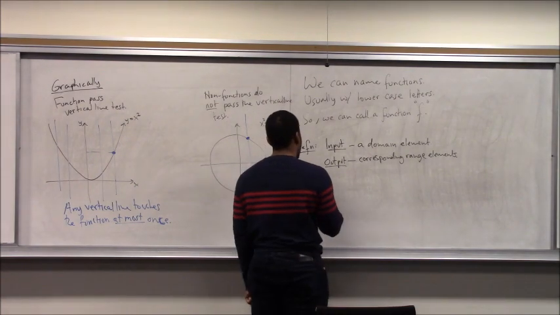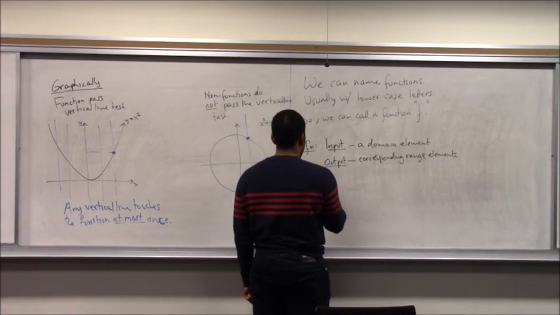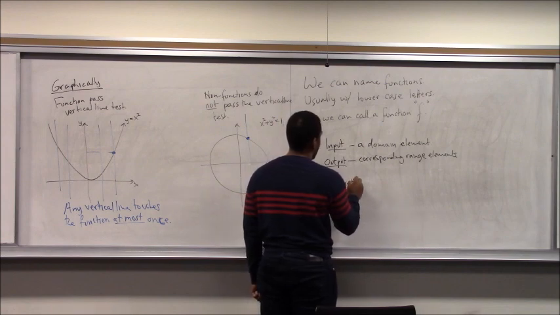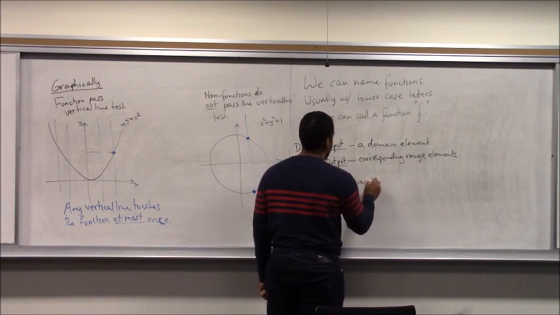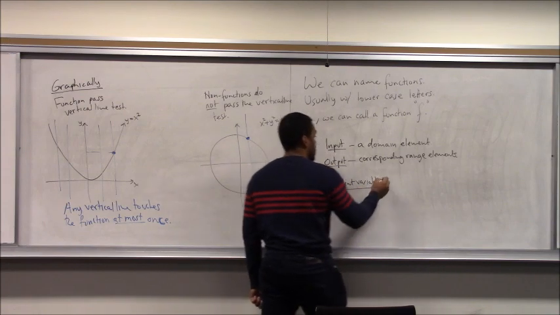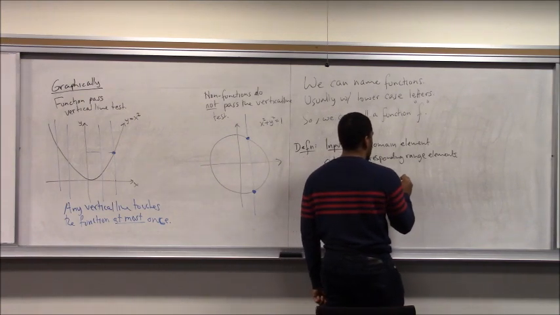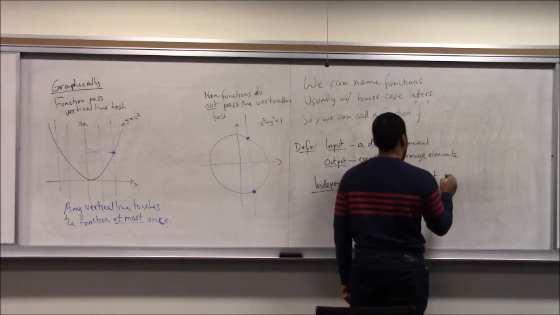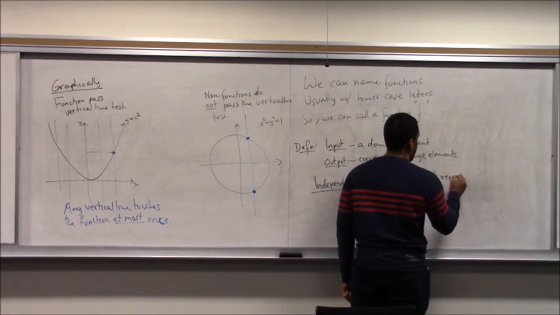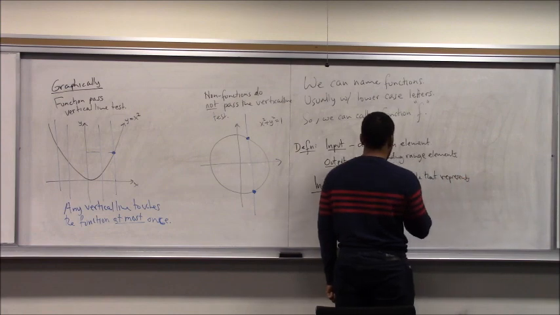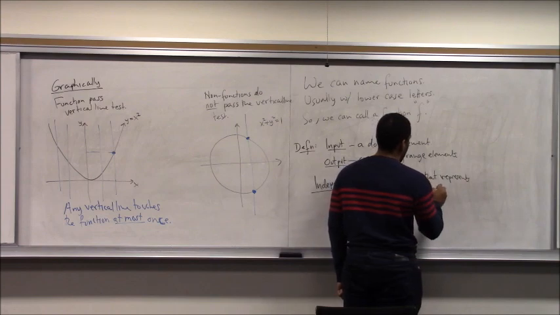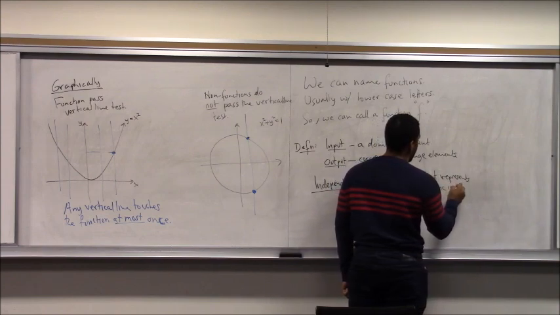Now, we can also define variables. We can talk about an independent variable. This is just a variable that represents an arbitrary, generic input.